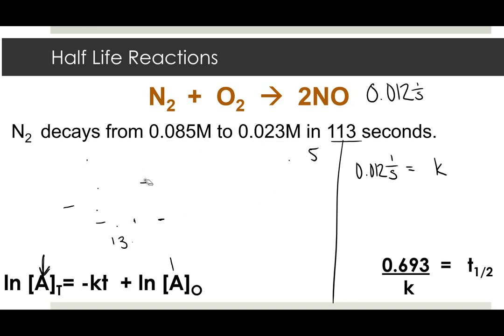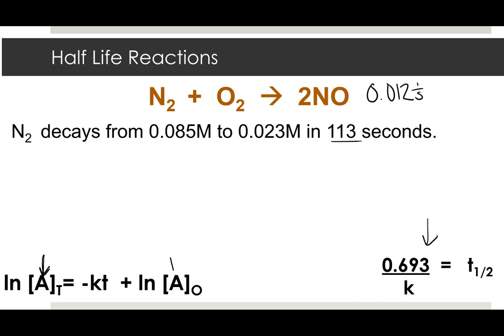The second step was to determine the half-life of this reaction. Now that we have a value for k, the half-life is pretty easy to calculate. We're going to take this formula: 0.693 divided by our value for k, which is 0.012, and that's going to give us our half-life.